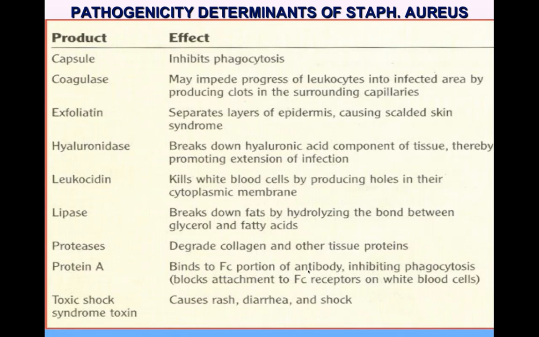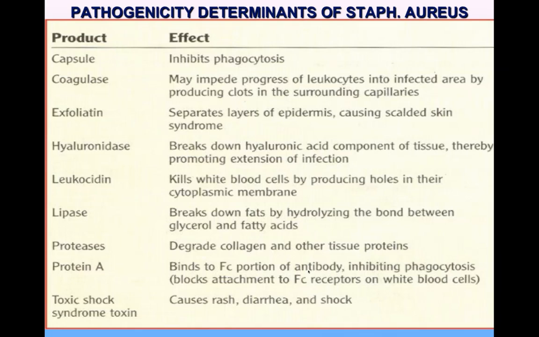Hyaluronidase is going to break down the hyaluronic acid in the tissues and is going to facilitate the spread of this infection. Leukocidin, I've already told you, is going to kill the WBCs by producing holes in their cytoplasmic membranes. Lipases will break down the fat by hydrolyzing the bonds between the glycerols and the fatty acids. Protease is going to degrade the collagen and other tissue proteins.